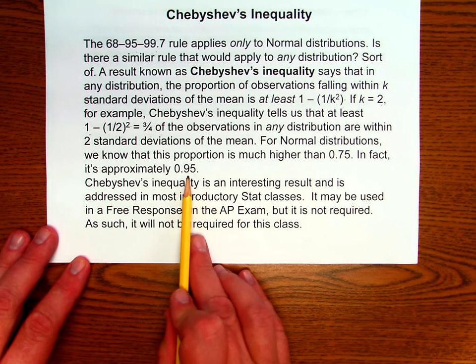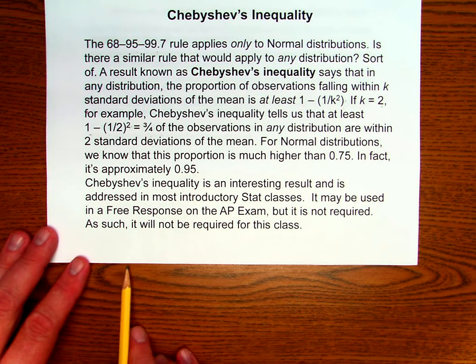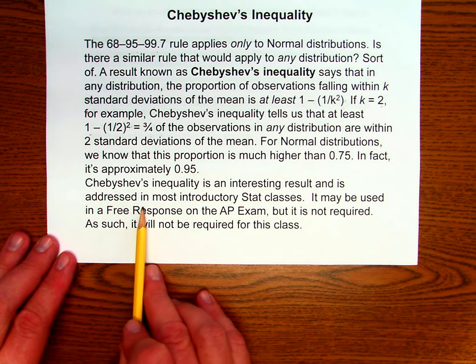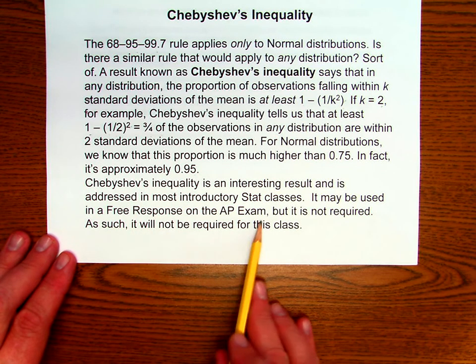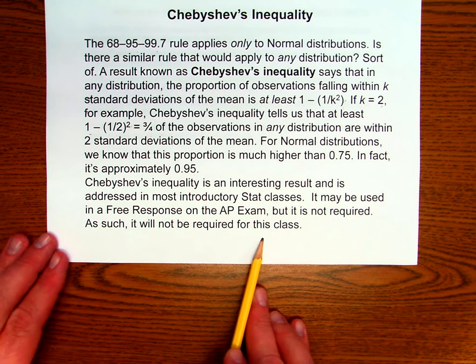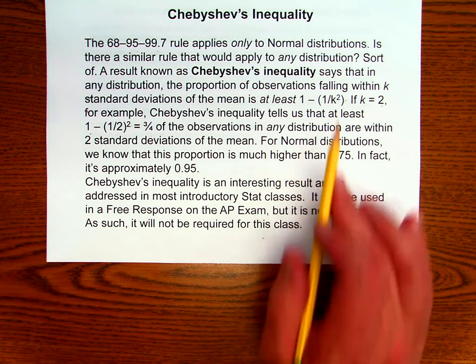Okay. Chebyshev's inequality is an interesting result and is addressed in most introductory stat classes. It may be used in a free response on the AP exam, but it is not required. As such, it will not be required for this class. Okay, it pops up every now and again. It's not a main part of the book because it's not part of the main part of AP statistics curriculum, but if they gave you this formula and asked you to apply it, then you would be expected to know enough in order to be able to apply it.